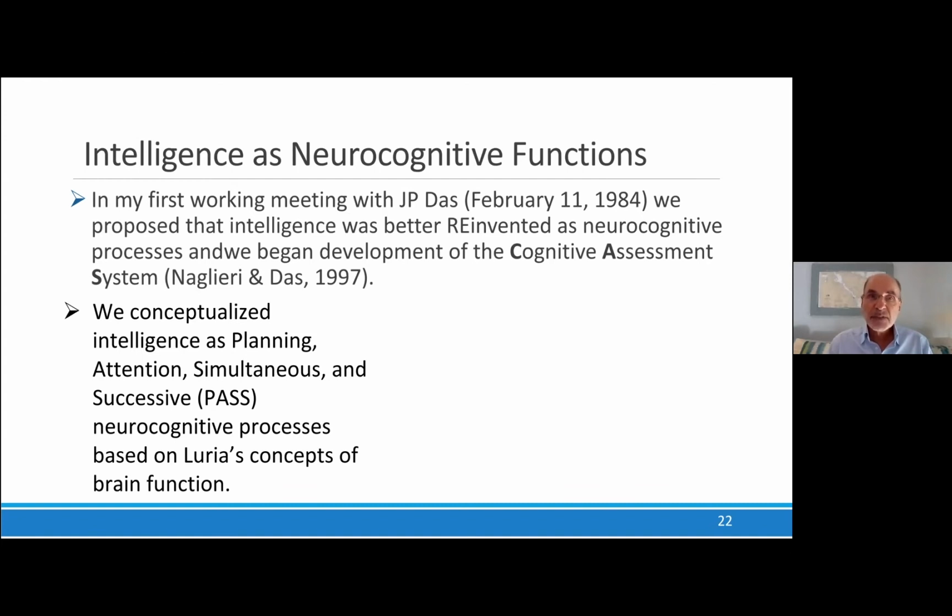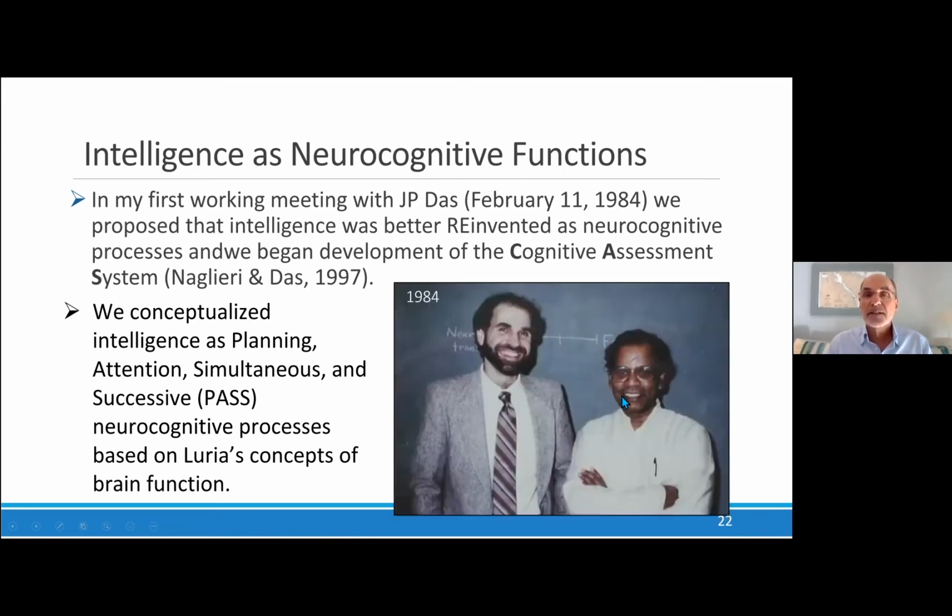Well, this is the question that I discussed with my friend J.P. Das in 1984, when we first met to talk about how we could reinvent the concept of intelligence as a neurocognitive process. And we began the development of the Cognitive Assessment System. There we are, 1984, in our first meeting in Tucson, Arizona.